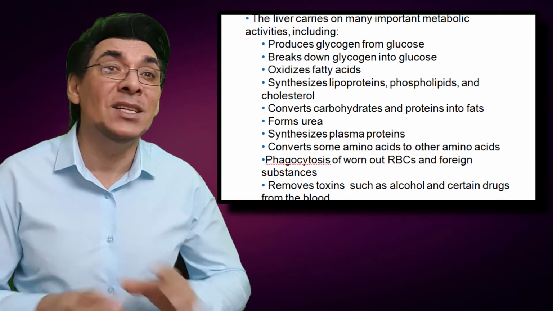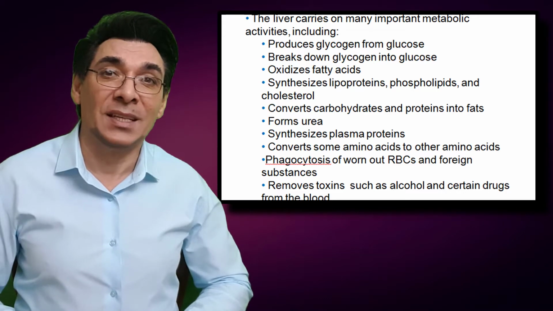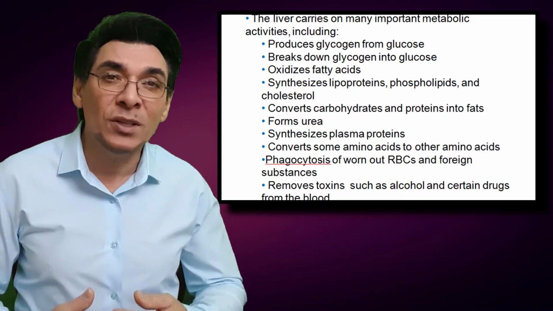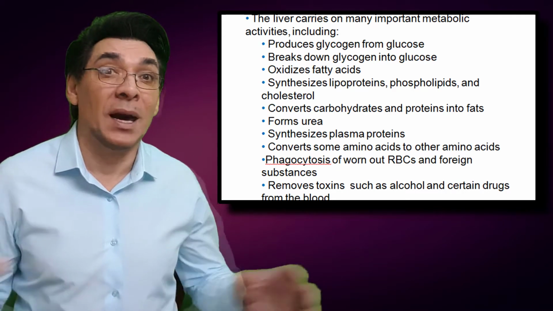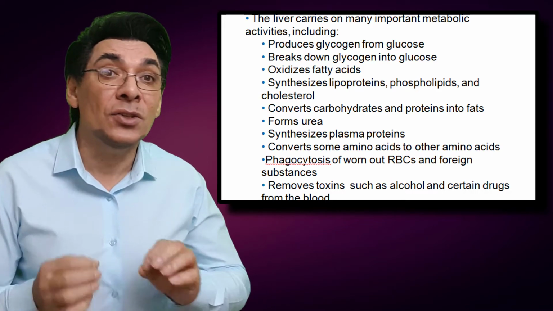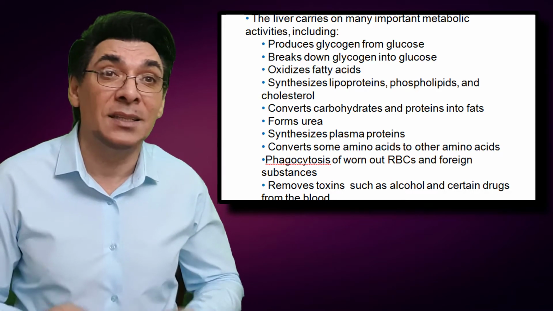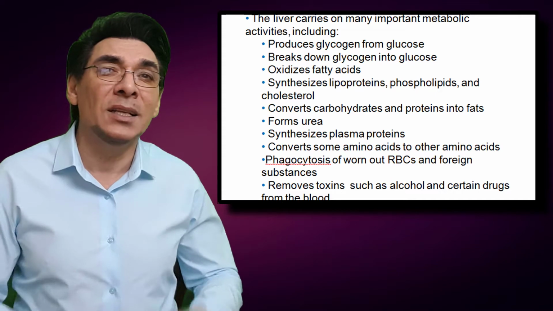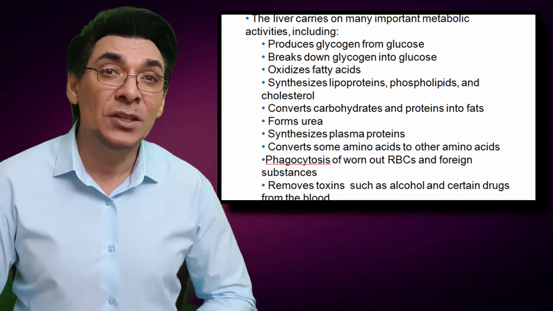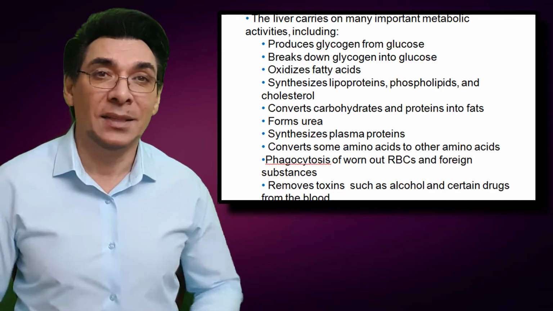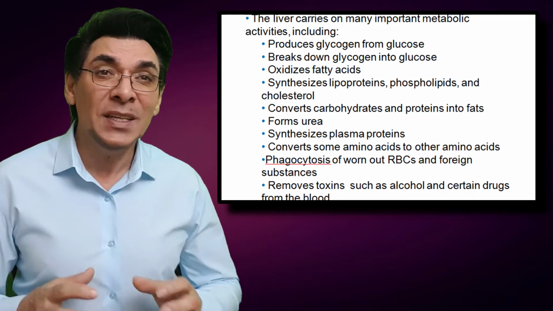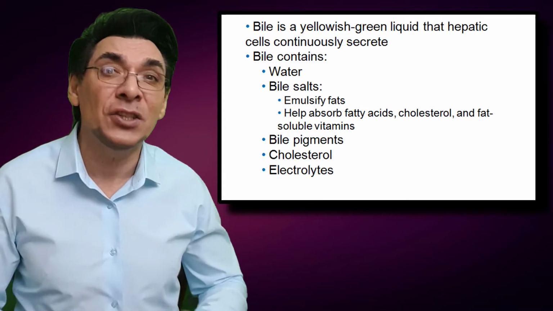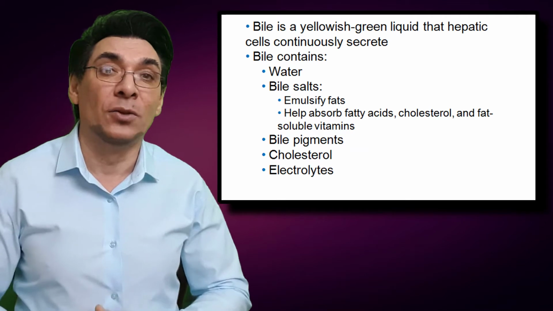Bile contains no digestive enzymes, but it plays an important role in digestion by diluting and neutralizing stomach acid and by dramatically increasing the efficiency of fat digestion and absorption. Digestive enzymes cannot act efficiently on large fat globules.